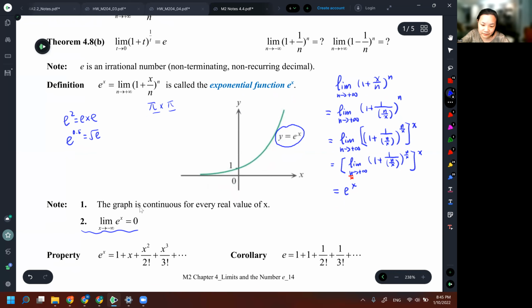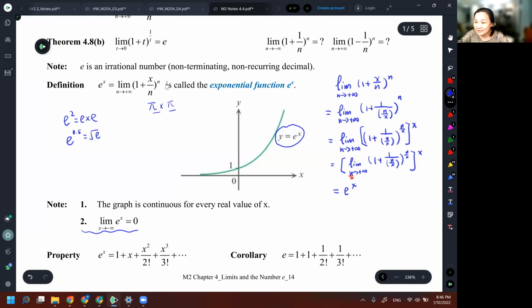Now the first note, you should just accept because it's true for every other exponential function, because the graph is continuous and the function is defined for every x. That means the domain of this function is all real numbers. There is nothing that e cannot take as a power. You can write x as anything, e to the power 0, e to the power a negative value, it's all defined.